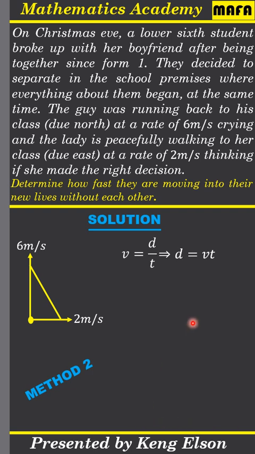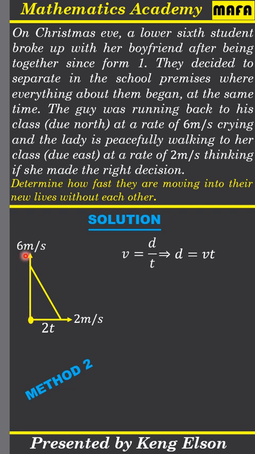In the second method, we are going to use calculus, where we find the distance in terms of time, and then we differentiate the distance to get the velocity. That's how fast they are moving into their new lives without each other. Having in mind that the distance is equal to the speed times the time, the distance at time t covered by the lady is 2 meters per second times time in seconds, which will just give us 2t.